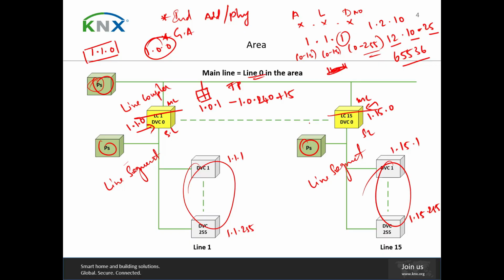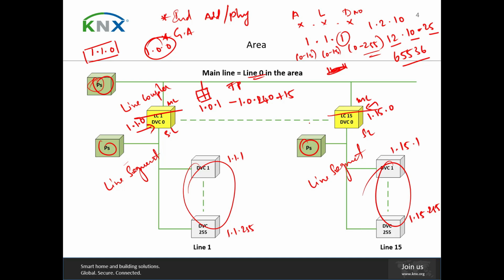So in one area you can have more than 3750 devices. This number surpasses any project that you might be doing in a building. Unless you are doing, let's say, the Burj Khalifa or a 100-story building, and you want everything in one single installation, maybe you will cross this number.